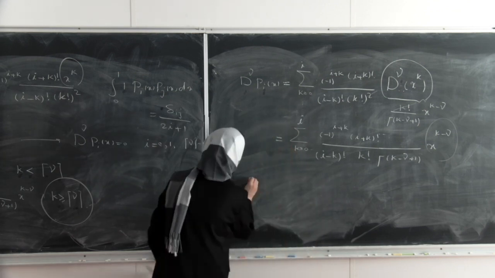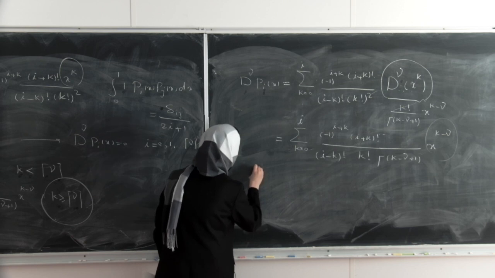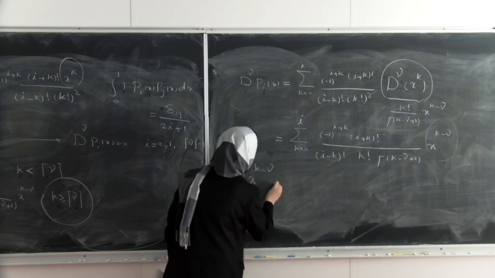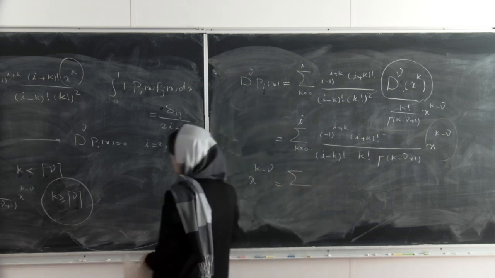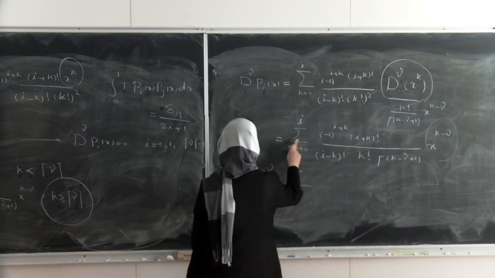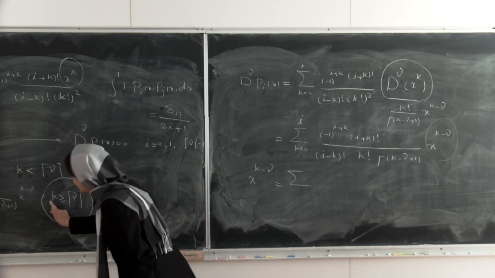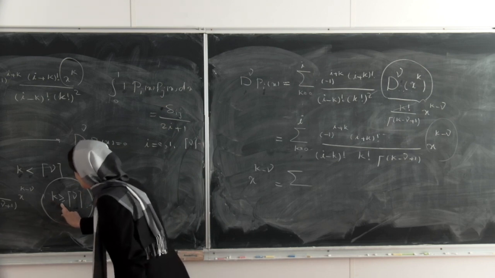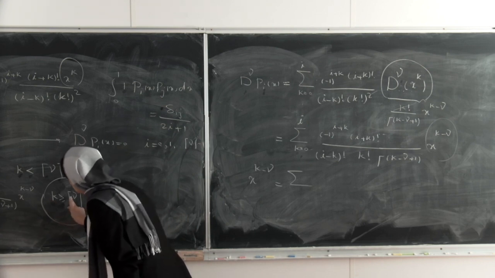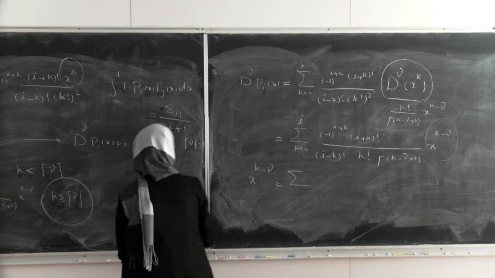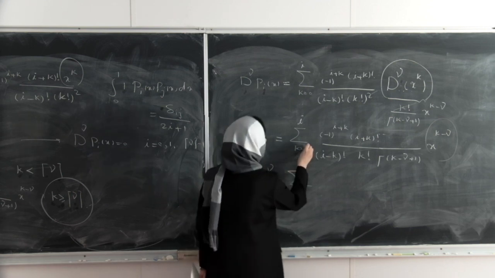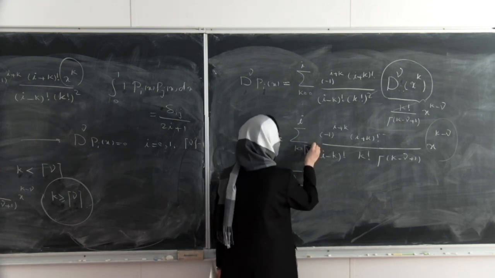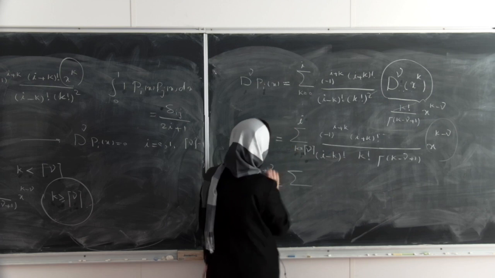So we can write x to the k minus nu equals to... I should write here that k should be bigger than or equal to the ceiling integer part of nu. So here I should write k from the ceiling integer part of nu to i.